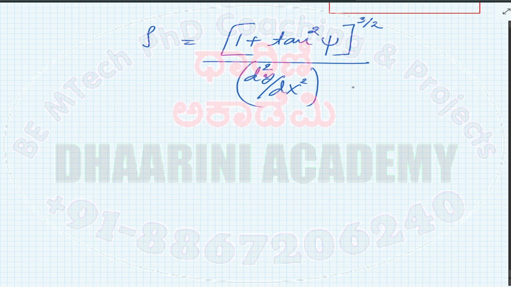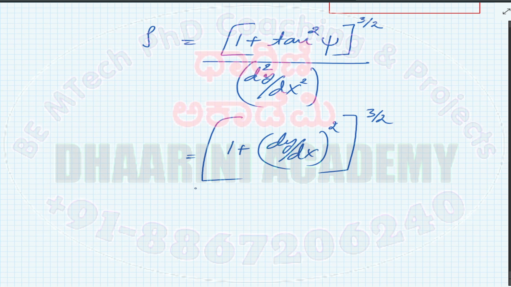Now, but I know something already. What is tan psi? Tan psi is dy by dx. So this is tan square, so dy by dx whole square. So I can write this as 1 plus dy by dx the whole square, whole raised to the power 3 by 2, whole divided by d square y by dx square.